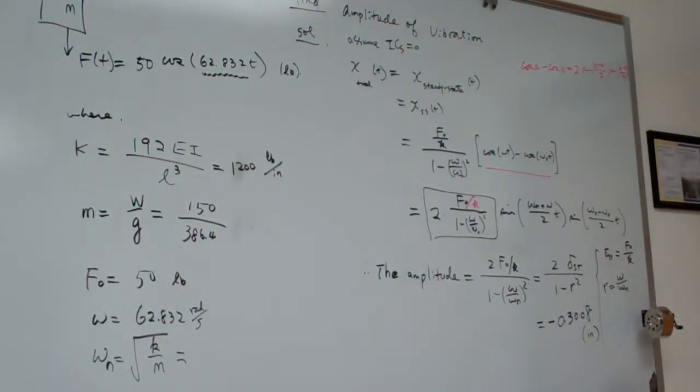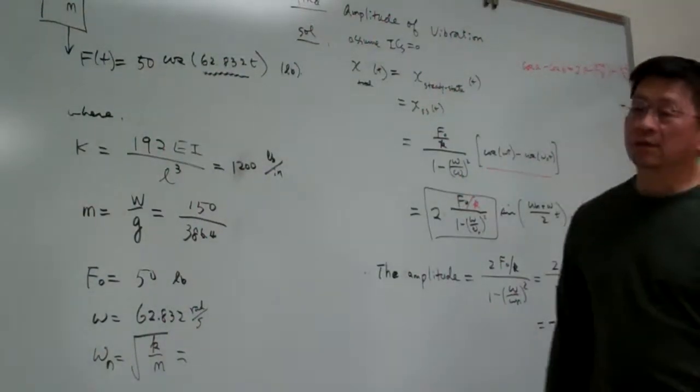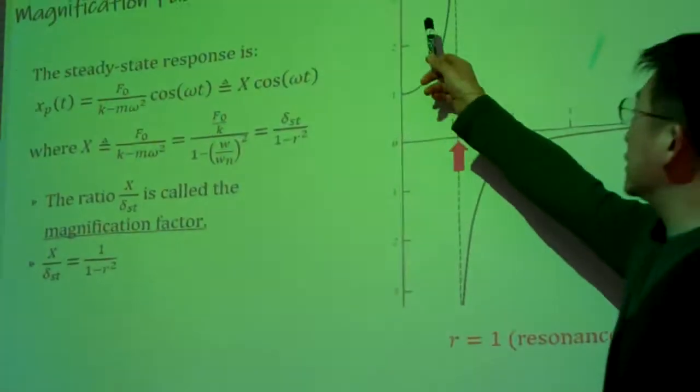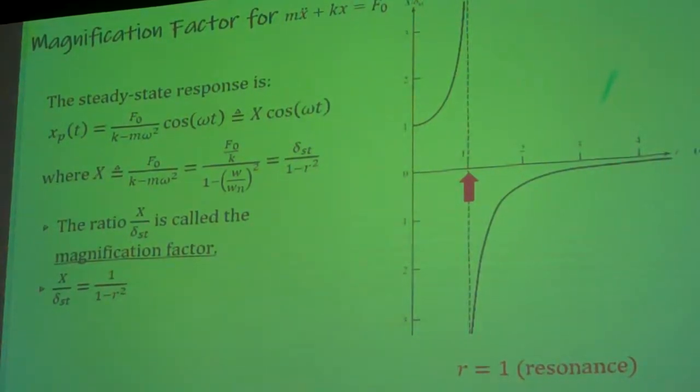So the note I want to make is this. This is our curve, and this one is for 1 divided by 1 minus R squared.